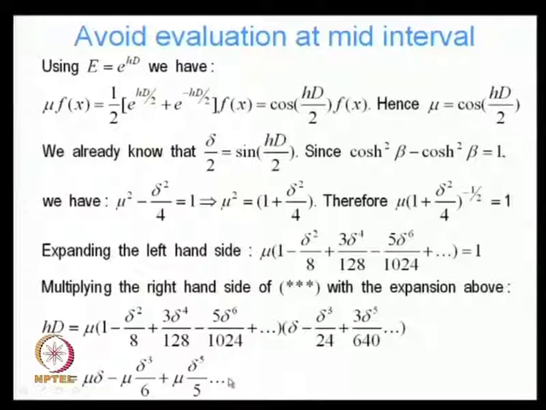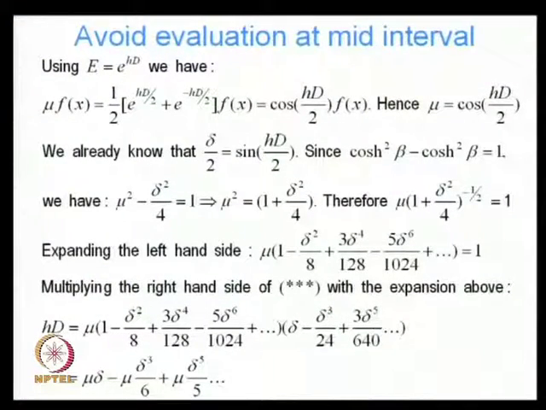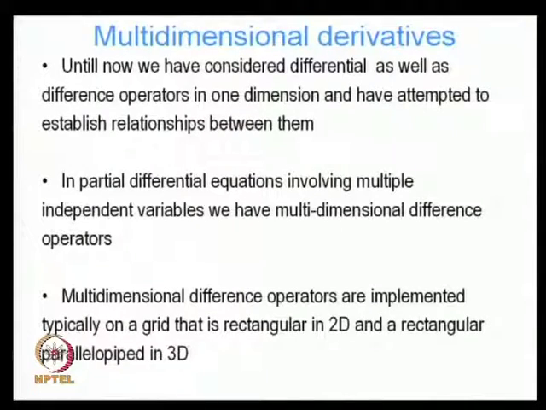So, that involves terms like mu delta cube, mu delta to the power 5, which I know can be written in terms of grid point values. So, I get an expression for the differential operator in terms of mu delta, which involves evaluating the function only at the grid point values.